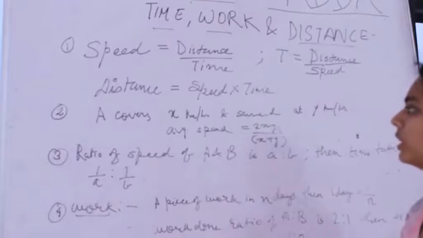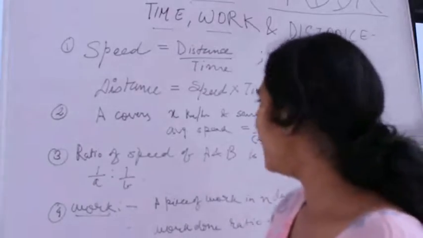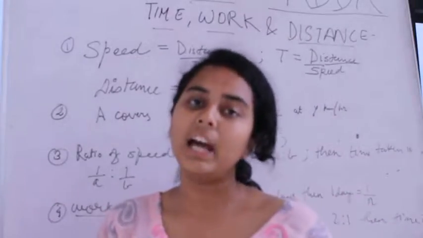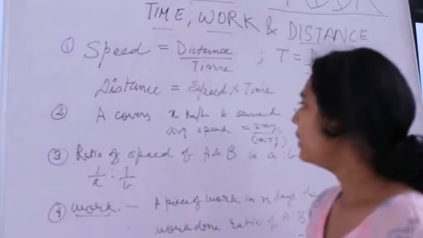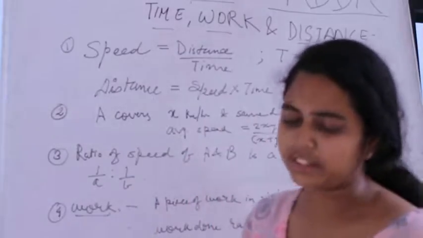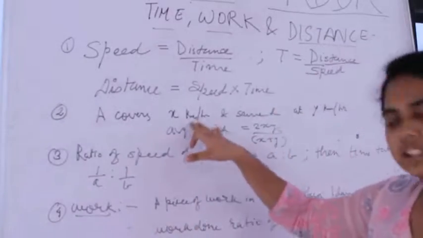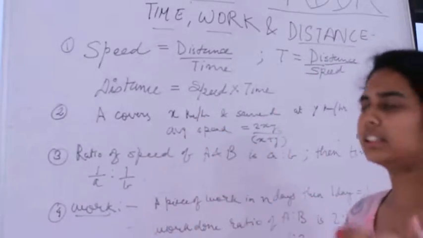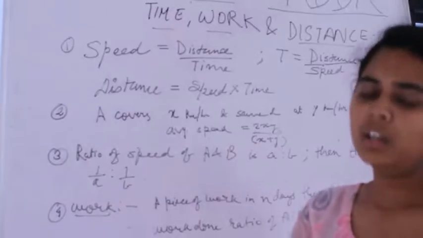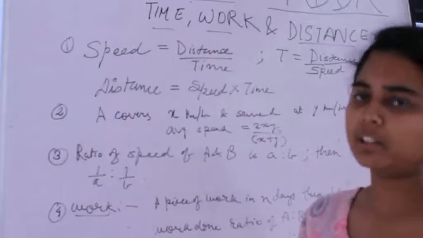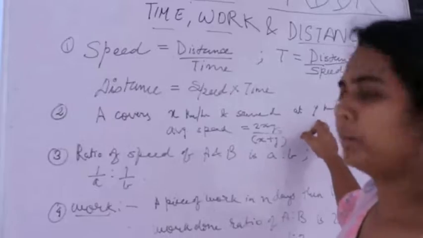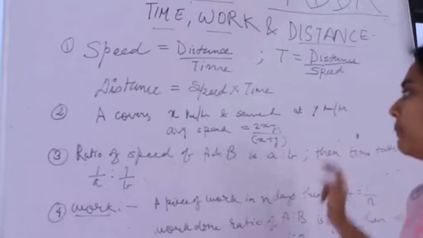Now we come to the second kind of question that is generally asked, which is finding the average speed. Suppose a person Ram covers 3 km with speed x, and further another 3 km is travelled by the person with speed y km per hour.